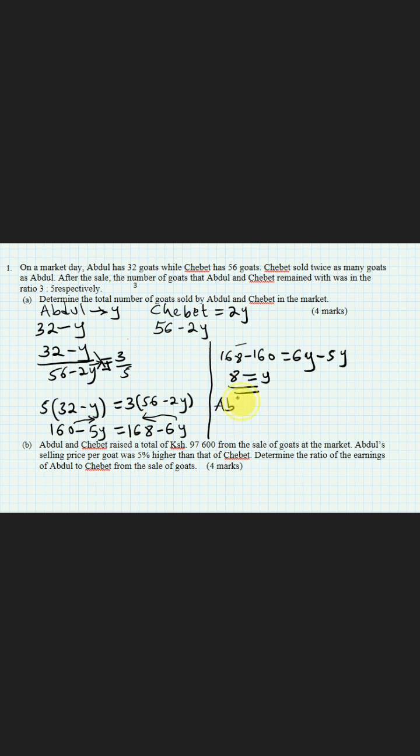So Abdul sold 8 goats. What about now Chebet? We are told that Chebet sold 2Y. So for Chebet, sold 2 multiplied by 8, which is 16 goats.